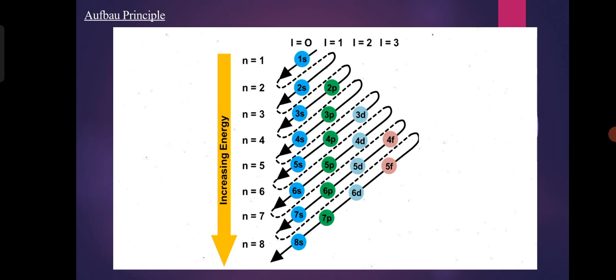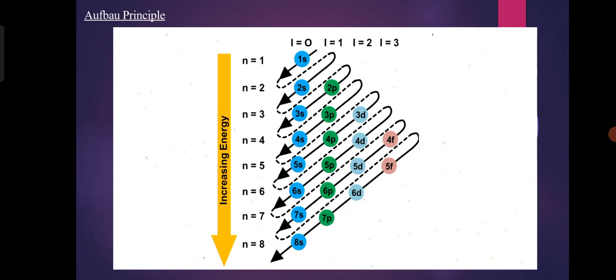We know that for principal quantum number 1, the value of l is always 0, meaning for the s orbital the value of l is 0. So in this diagram the diagonal rule is used.